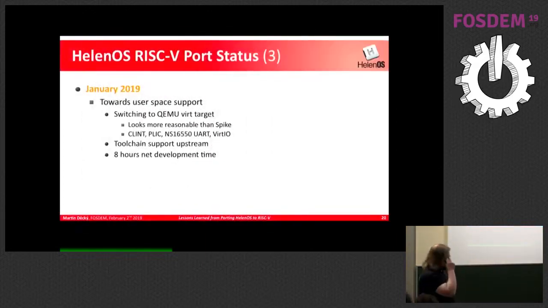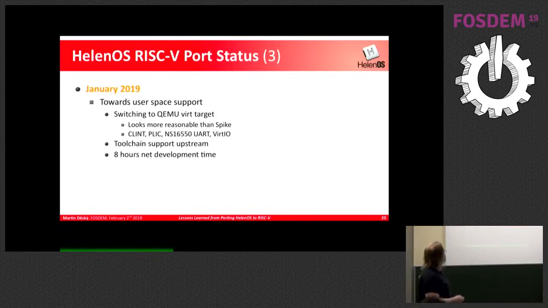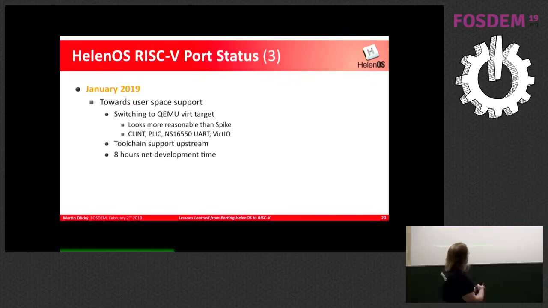So now I finally got some time to get back to it. This is what I've been doing for about 8 hours this January. I decided to switch to the QEMU virt platform, which, in my opinion, is more reasonable than what Spike is providing, because you have the platform interrupt controller there.